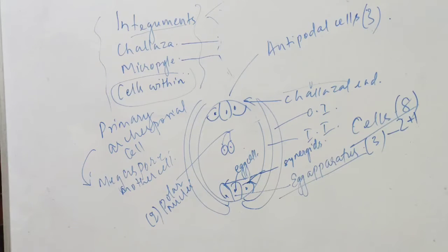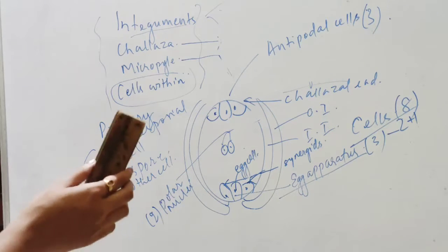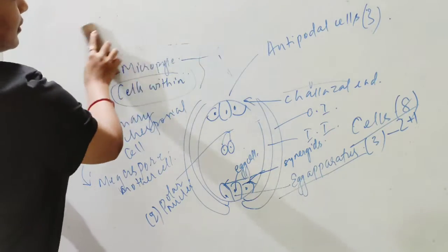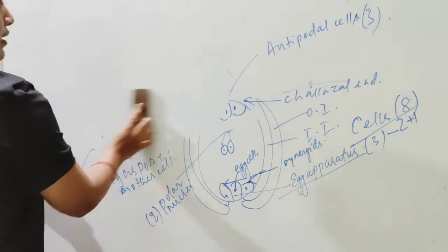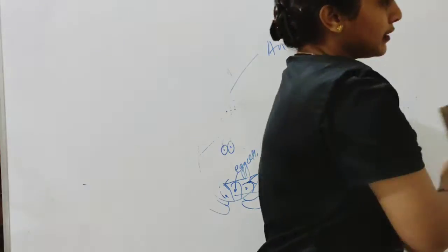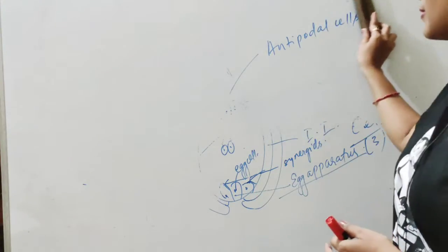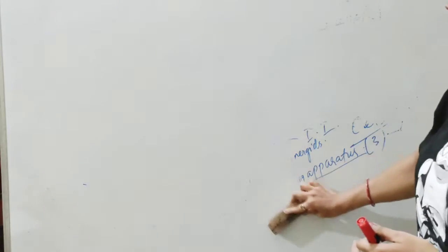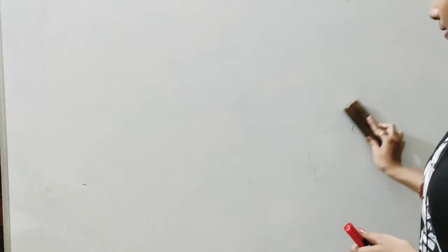Now coming to the topic of double fertilization and triple fusion. Before we proceed, I would like you to know that whenever we talk about fertilization, what does it mean? Fertilization refers to the process of fusion of the male gamete with the female gamete in order to produce a diploid zygote.